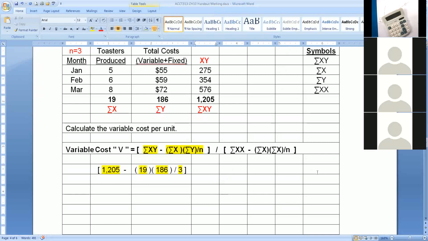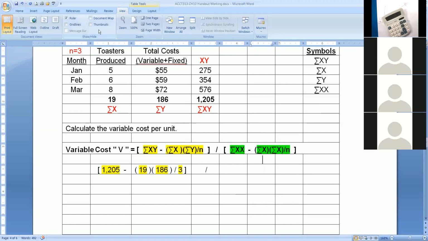Okay, so let's see here. Let's say divide by, and let's go over to this one, and we'll use a different color scheme for this. I hate using computers.